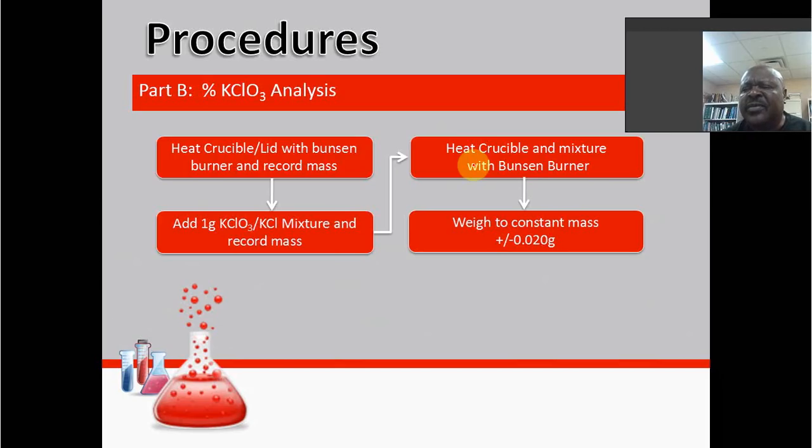I measure myself today, measure myself next year, measure myself five years down the line, and the number is the same. So do the same here. Essentially, we'll heat and weigh until we get a constant mass, or changes that are within 20 milligrams, which are acceptable errors. And so that's how we'll know we're done.